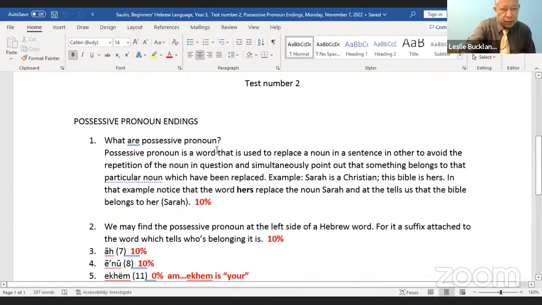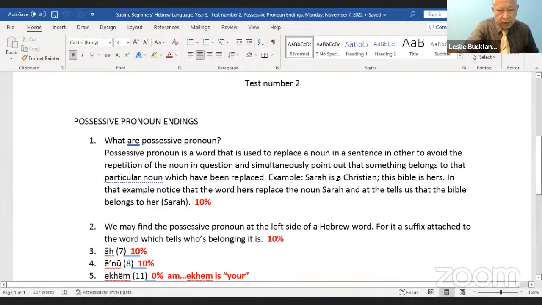Okay, what are possessive pronouns? This is full marks. A possessive pronoun is a word that is used to replace a noun in order to avoid the repetition of the noun in question and simultaneously point out that something belongs to that particular noun which has been replaced.